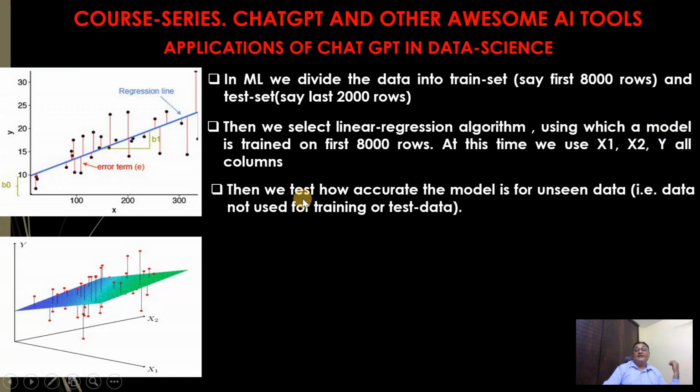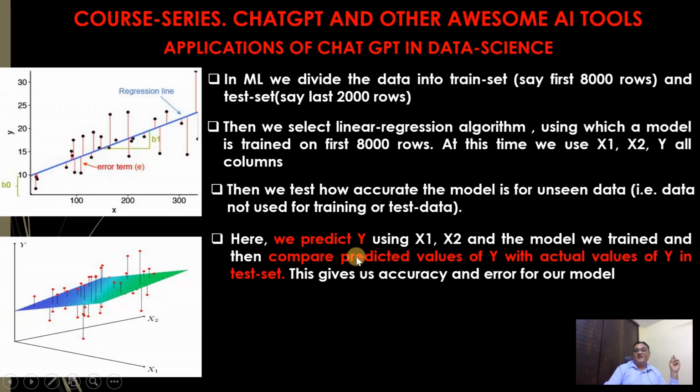Then take the other 2,000 rows, that is the test set. That time you don't take the values which are in the table for the target variable. Instead, let your model predict what the value of the target variable should be.